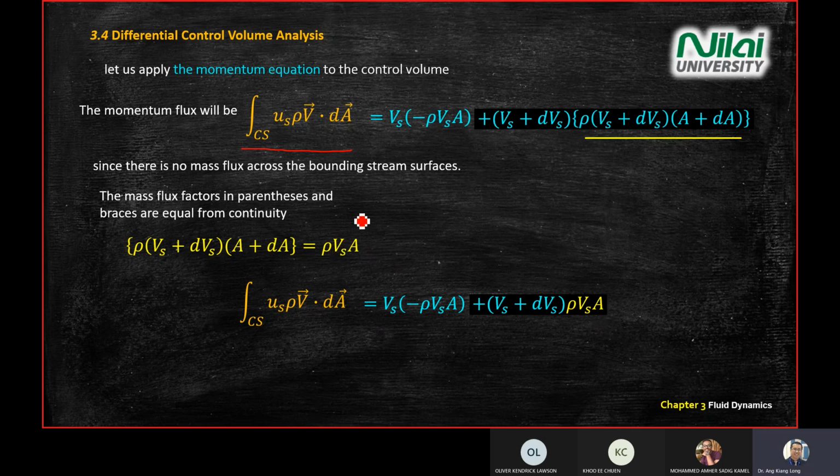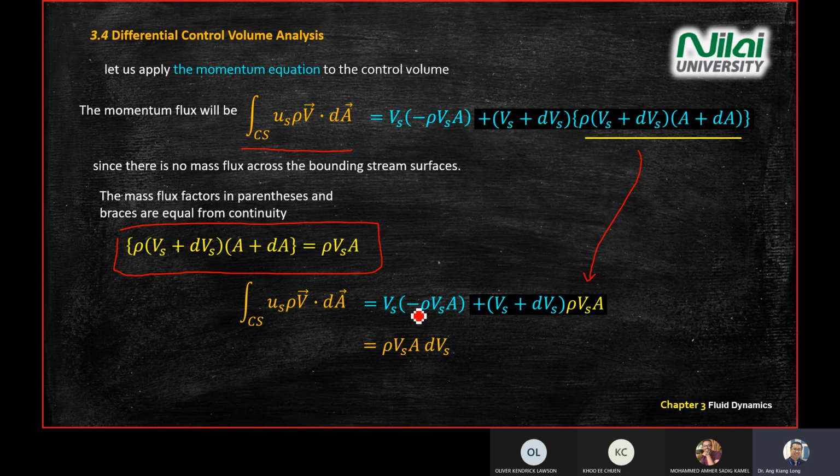The way we write this equation is based on the explanation that you see on the screen here. It is because of the continuity concept. Based on the continuity concept, we can prove that this one equals this one. So we simplify this term as this one.